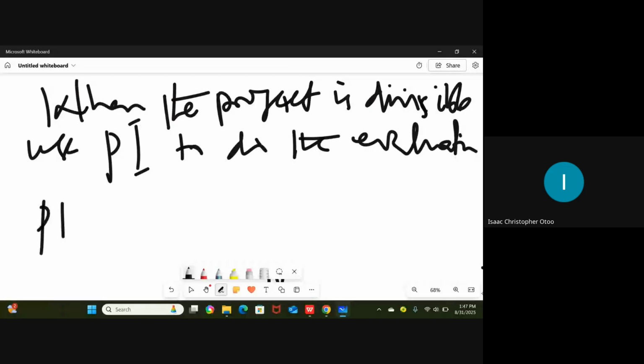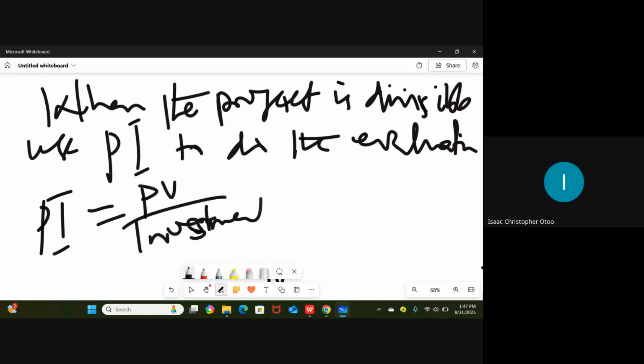So here the PI will become the PV over investment. And then rank them.